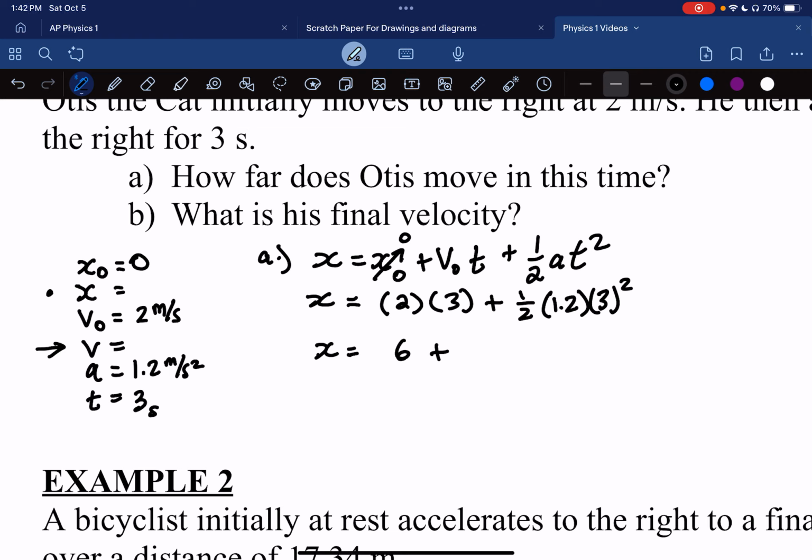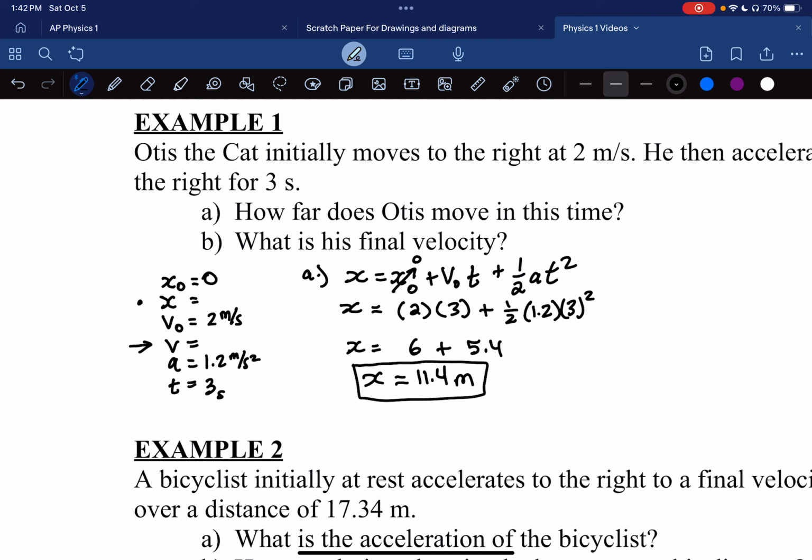Well, I have a calculator on my phone. Looks like 5.4. So this is all 11.4 meters. That's how far Otis moved.